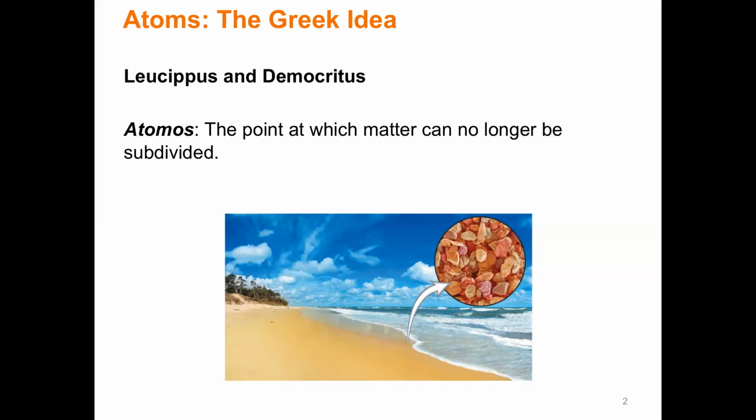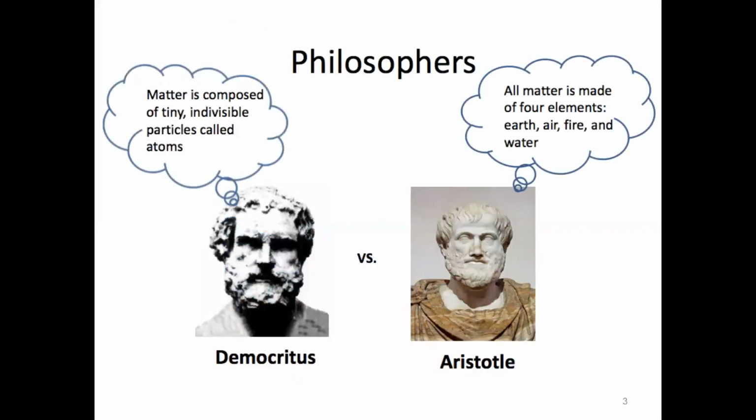Of course, since these guys were arguing, that's what they did. Democritus was a contemporary of Aristotle, and they disagreed with each other. Have you ever heard of Democritus? Probably not, right? But Aristotle, probably so. So you can tell who won the argument.